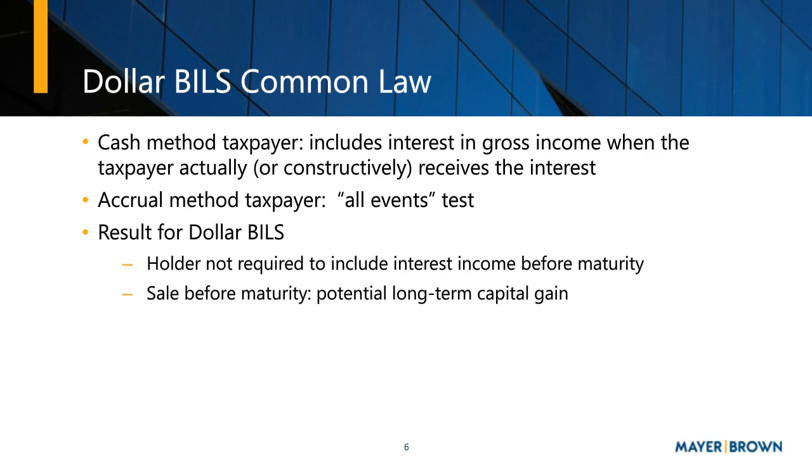If you put all that together, you end up with a really neat result from a federal income tax standpoint, because you get deferral of what is otherwise ordinary interest income for 10 years, but you also get to convert ordinary interest income into long-term capital gain taxed at lower rates. And so that was the dollar bills, and unfortunately or fortunately, depending on who you represent, that result is no longer obtainable.